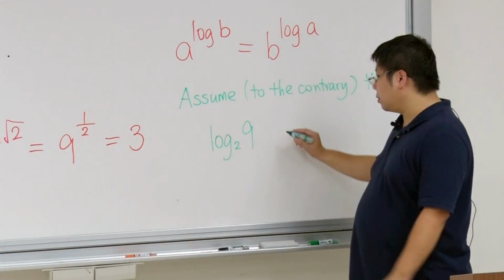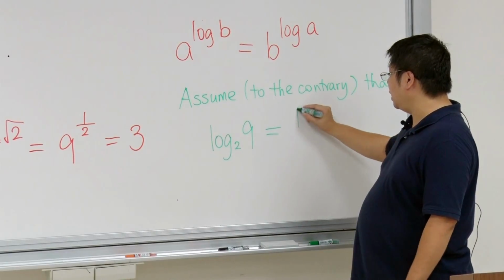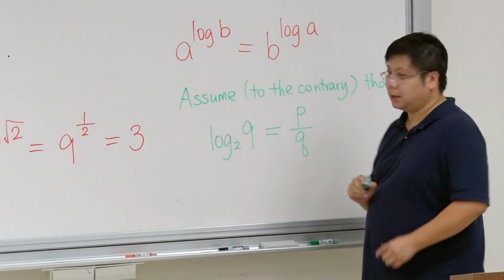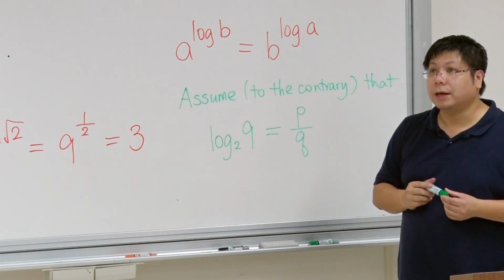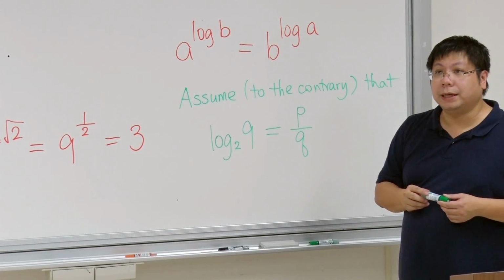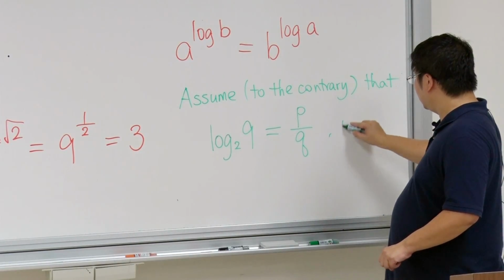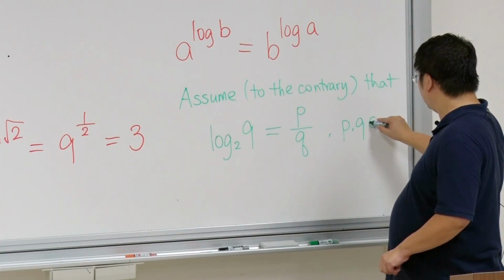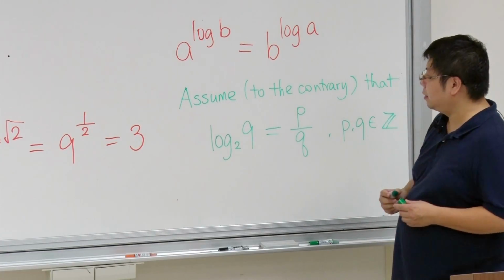So if it is rational, then you can write it down as P divided by Q, for some integers P, Q. Okay? Is that okay?